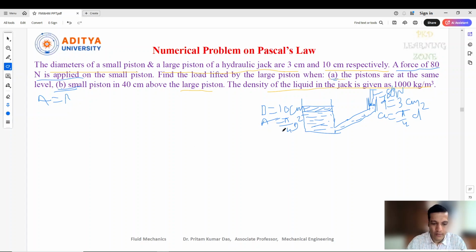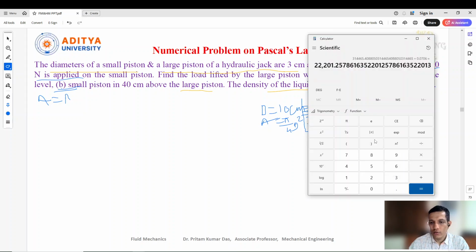So that will be near about 78. Okay, let's keep the same centimeter, no need to change into meter. Let's keep it in the same way. So we'll get pi by 4, 3.14 into 100 divided by 4, 78.5.